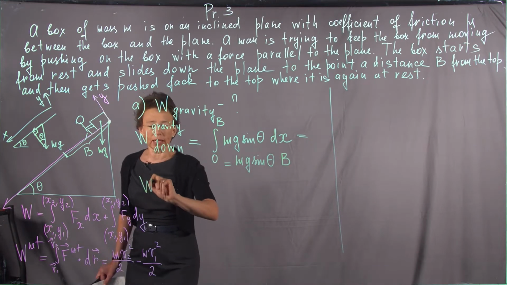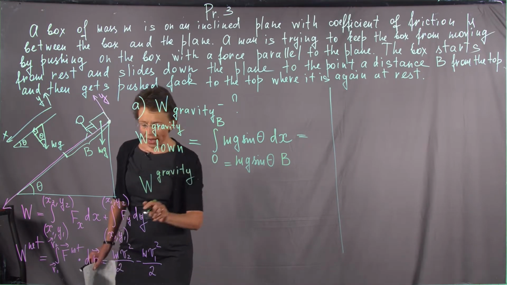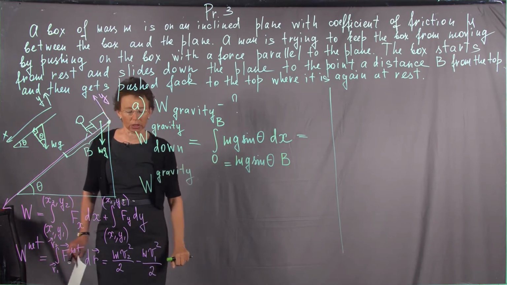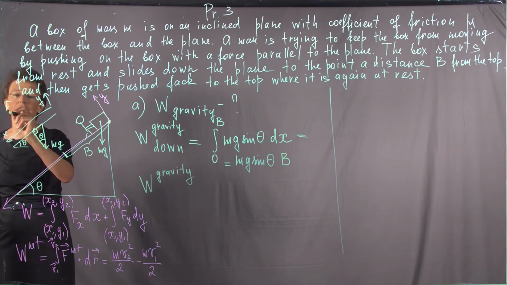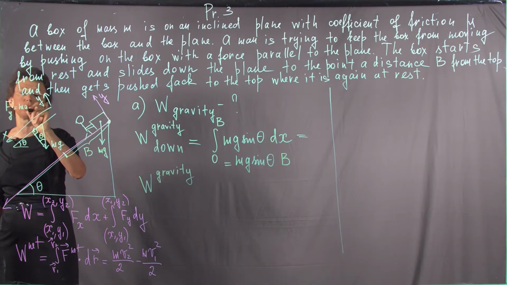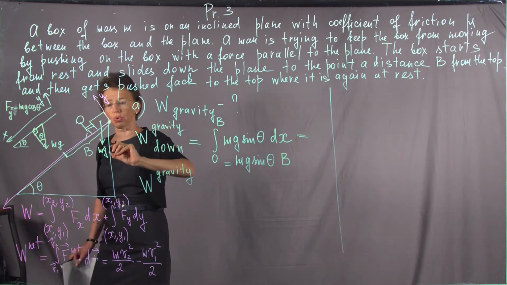Now work done by gravity on the way up. By the way, why did I ignore the second part of integral? I do have Fy for gravity. Fy for gravity is non-zero. It is mg cosine theta with minus. It's negative component of gravity with my choice of coordinate system.